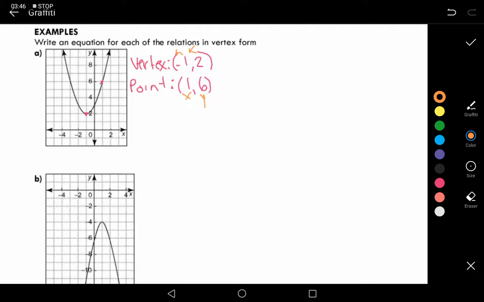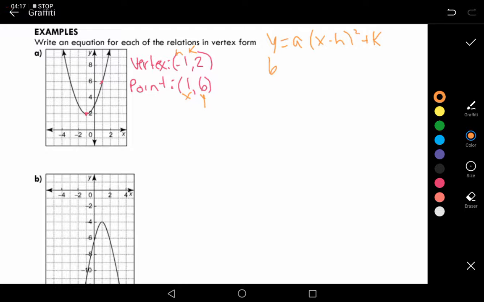So what we're going to do is fill in our vertex form with the information we have. So our vertex form was y equals, and this is always the same form, a(x minus h) squared plus k. Okay, so now I'm going to fill in the information I have given that vertex and the point. So I know that y is 6, and this is just substitution, right? We are subbing in these values on the left.